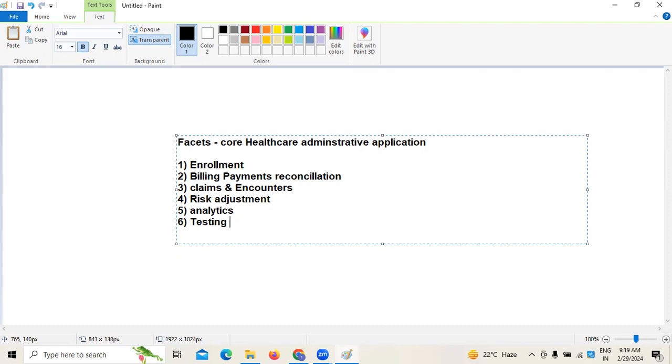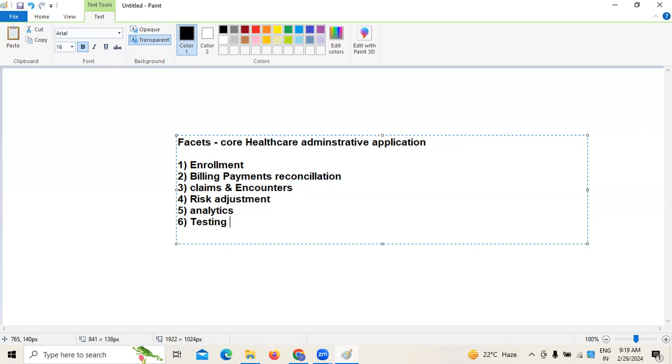Based on that, we generate enrollment files like HIPAA, because HIPAA, as I mentioned yesterday, is the Health Insurance Portability and Accountability Act. Whatever the procedure codes and all fall under EDI transaction codes. HIPAA rules and regulations are something which healthcare organizations have to follow.